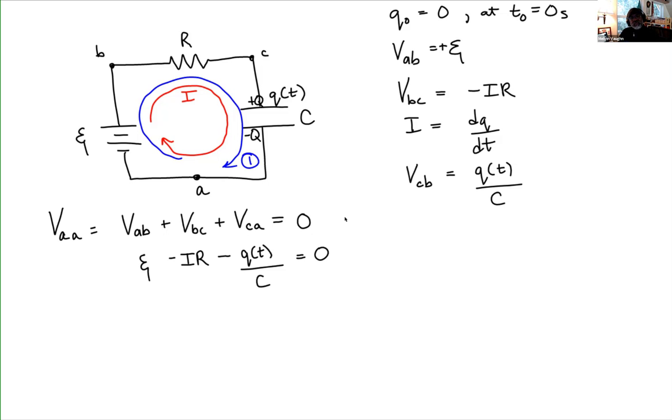Now, why do you think I put a minus there? Can anyone tell me? The minus in front of the capacitor's potential.